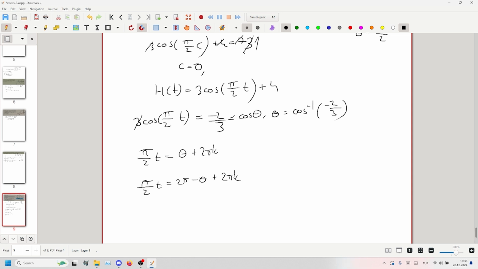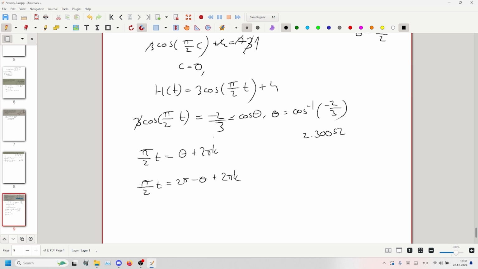So what's theta? Let's just see. Theta is the inverse cosine of negative 2/3. So let's just calculate that. That's apparently 2.3052.